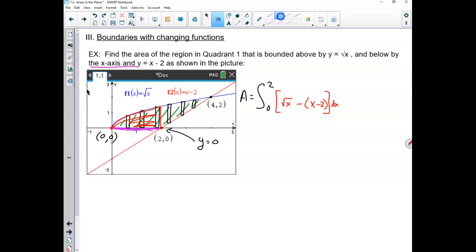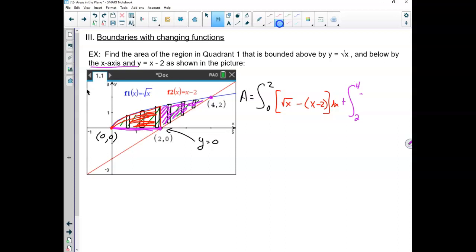That's going to give me that red area, but now that bottom curve changes, so now I've got to add in this area because my bottom curve is different. So now I'm going to add my integral from 2 to 4, because now I'm going from this point up here to this point.